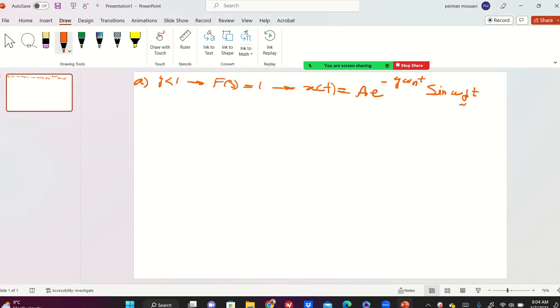And we name this omega_d the damped natural frequency, which depends on the damping ratio and natural frequency.